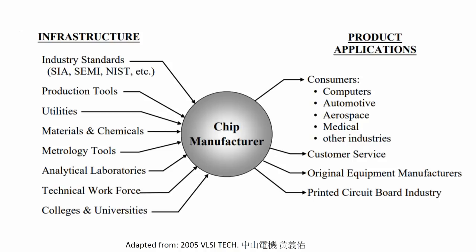So, if you look towards product applications from the consumer side, there is a long list of product applications. We will start from computers. How do you think the chip is used within computers? Think about it.